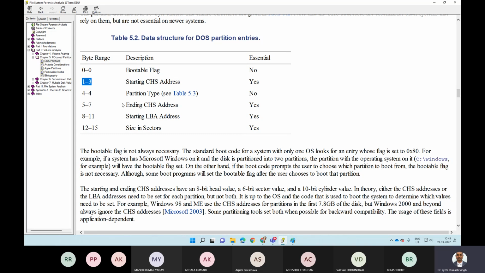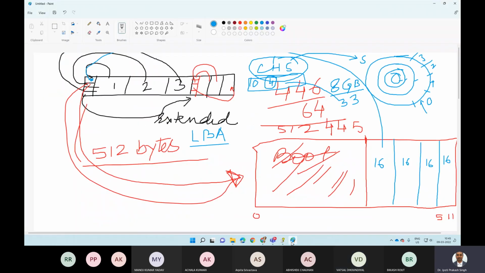It will be 24 bits, right? Yes, sir, it will be 24. Say, sorry, 2 to the power 10 is 1 KB, then MB, yes, you were right, 2 to the power 10 GB, and then 2 to the power 3 is 8.